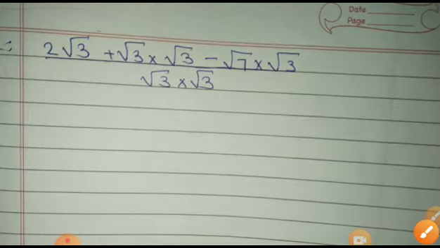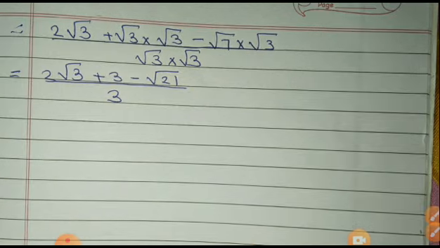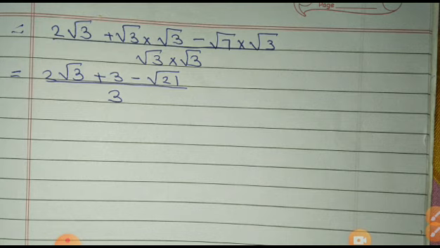So I'll be getting it as 2 root 3 plus root 3 into root 3 minus root 7 into root 3, by root 3 into root 3. So the answer I'll be getting as 2 root 3 plus 3 minus root 21. Root 21, how I have got? This is root of 7 into 3 I will get. So this divided by 3. Hope this is clear. Now my denominator 3 is a rational number, so stop the process.